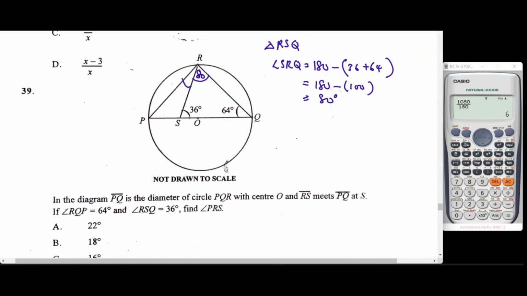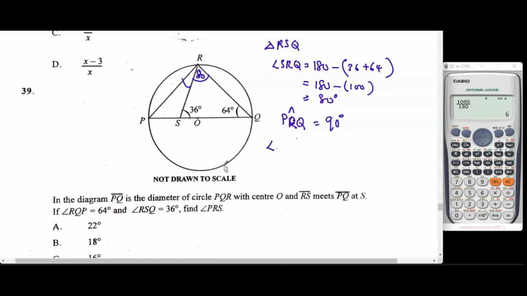But remember that the line PQ is a diameter, and the angle PRQ is automatically 90 degrees because it subtends on the diameter, which is PQ.